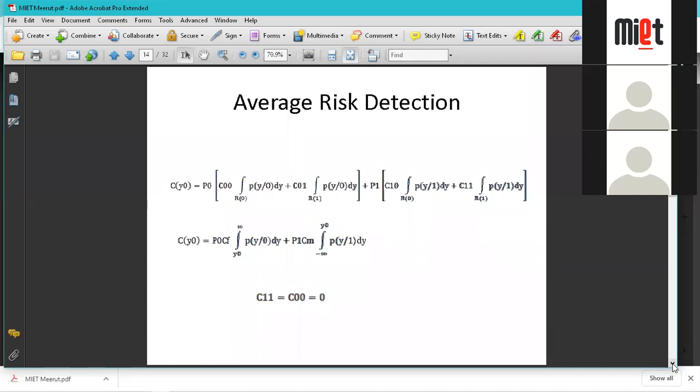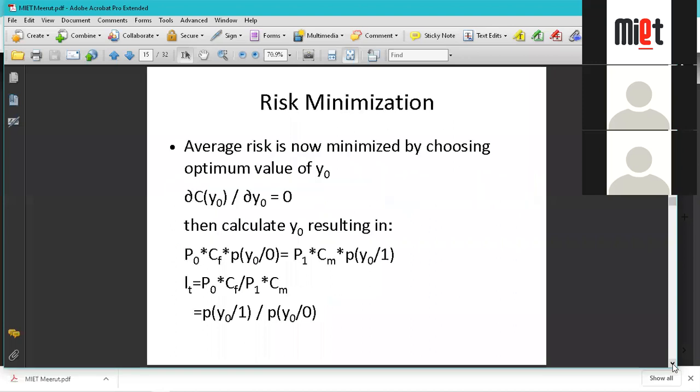So this is how I write it as an integral equation. The same thing I have written, I have tried to solve it and compute the average risk detection value. Let's please go to the next one. So the average risk needs to be minimized.